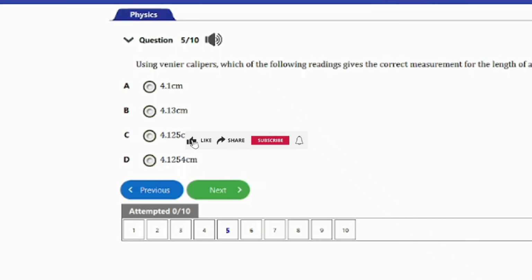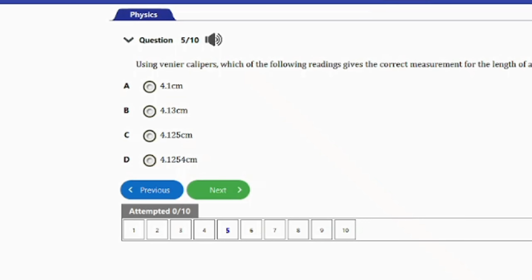And that's because the reading accuracy of a vernier caliper is 0.01 cm, and in that case, that's the 2 decimal places. So the one that corresponds to this is option B here, and that's 4.13 cm. And that's it for this question.